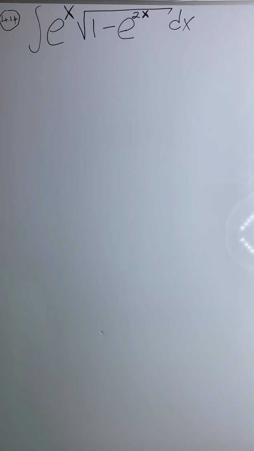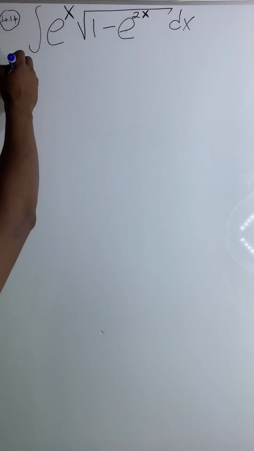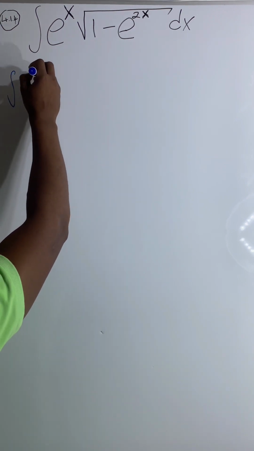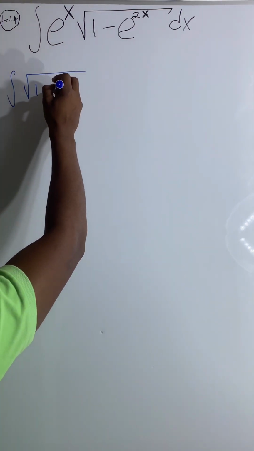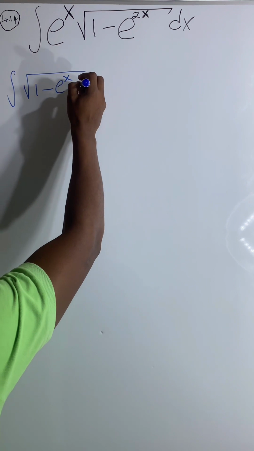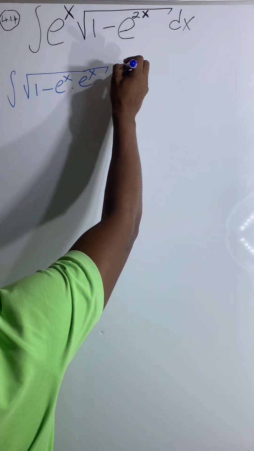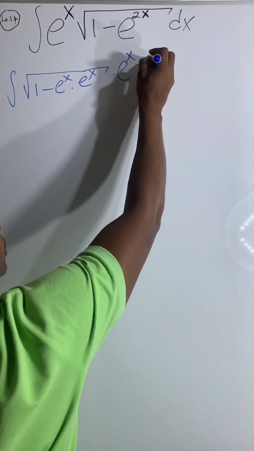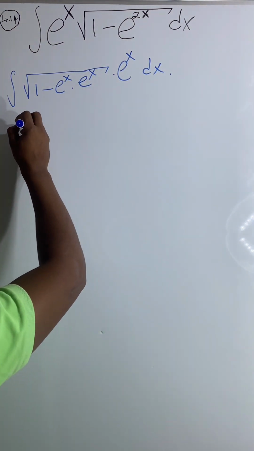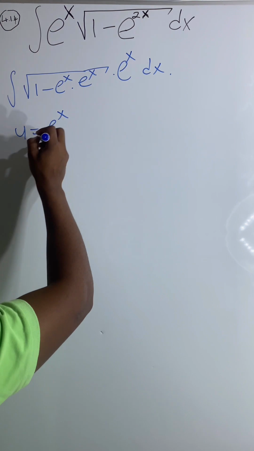4.9.4, we have to evaluate the integral of e to the power x multiplied by the square root of 1 minus e to the power 2x dx. And to evaluate this integral, let's first rewrite our integral as the square root of 1 minus e to the power x squared, multiplied by that e to the power x dx, and we let our u equal e to the power x.